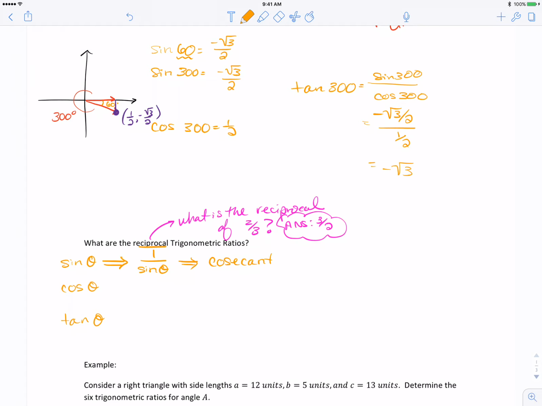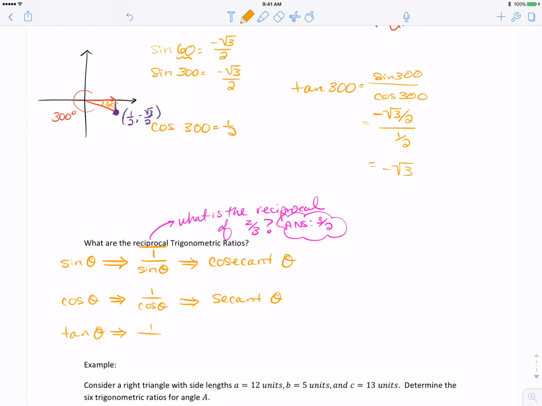cosecant of theta. Okay, now I'm going to leave a little bit of room and just go to define my other terms here. The reciprocal 1 over cos of theta is called the secant of theta.